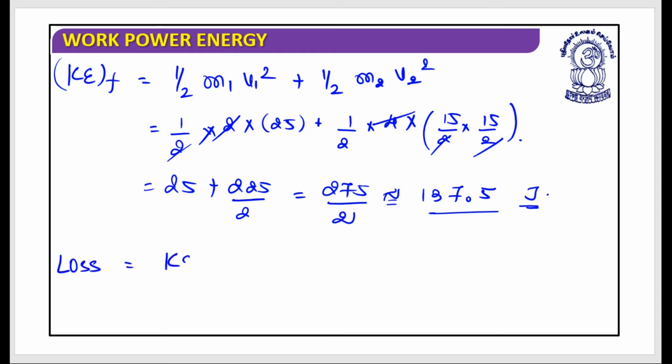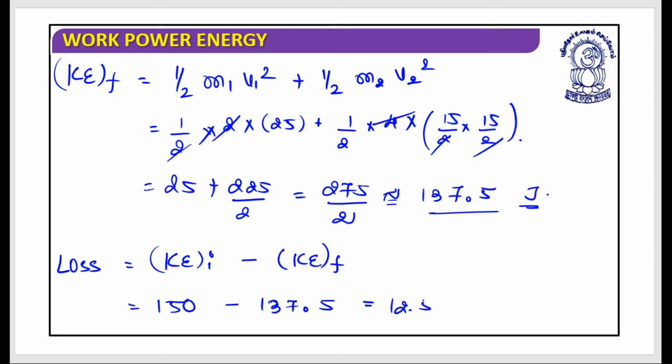So loss would be kinetic energy initial minus kinetic energy final. Initially it was 150. Finally it is 137.5, and the remaining amount is the loss. What would it be? Yes, it's 12.5 joule of loss. I hope this is clear.